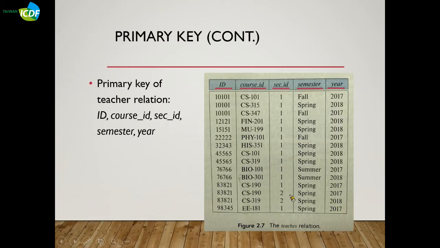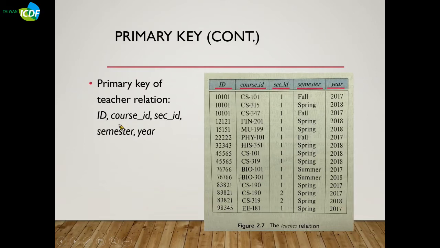but consider the same instructor. It's possible to teach the same course in the same section. So we have to add other attributes such as semester and year to make sure there will be no duplicates in the future. So here the primary key consists of 5 attributes.